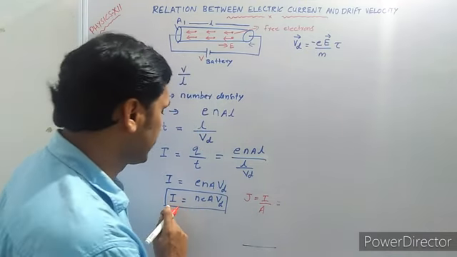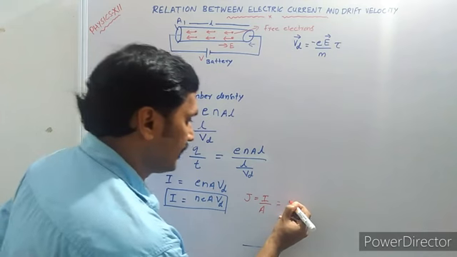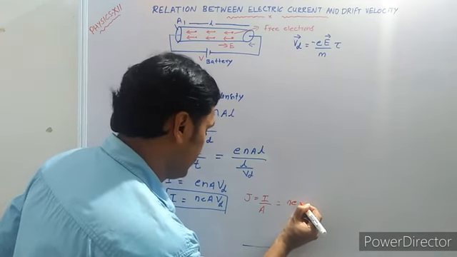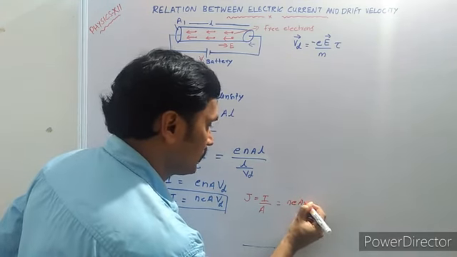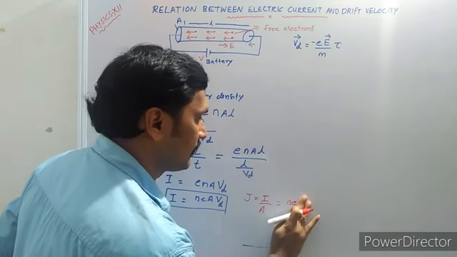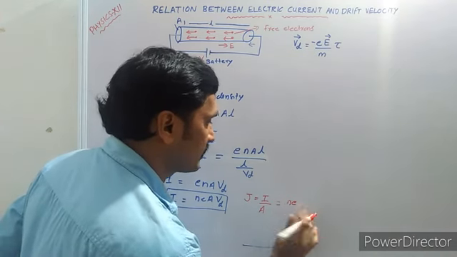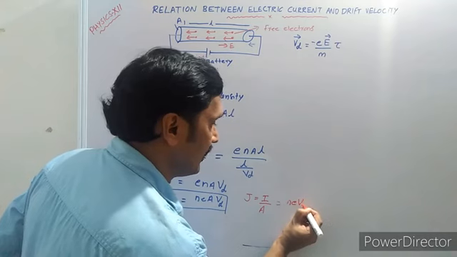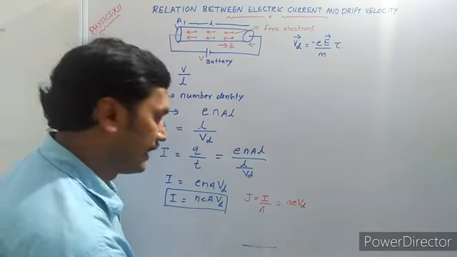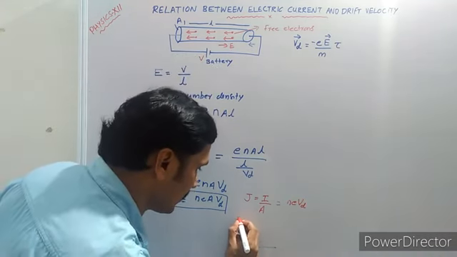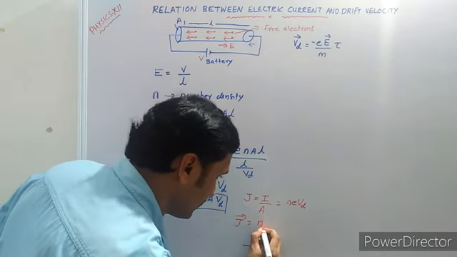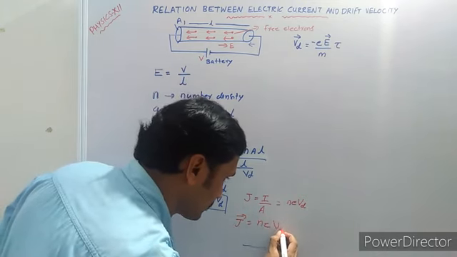So the expression for the current density becomes N E A into drift velocity divided by A, and the A gets cancelled. So we can write N E into drift velocity. As it is a vector, J is equal to N E into drift velocity.